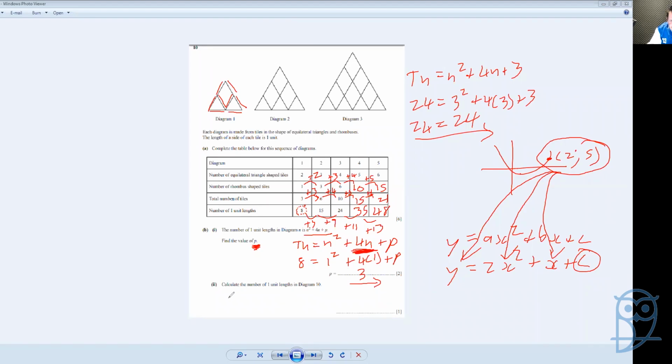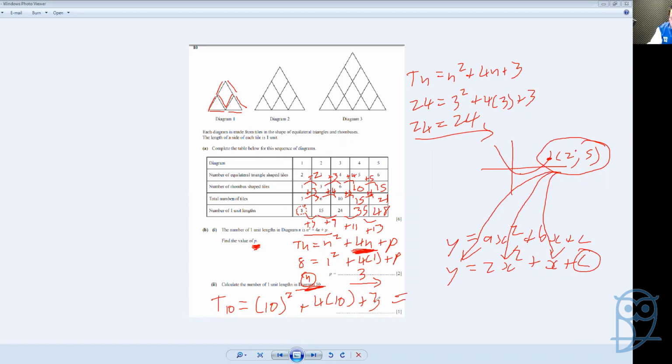All right. Then they say to you, calculate the number of 1 unit lengths in diagram 10. So you have your formula for 1 unit lengths. So diagram 10, this is giving me my n value. So I'm looking for what is T10. So it's going to be 10 squared plus 4 times 10 plus 3. 10 squared is 100. 4 by 10 is 40.